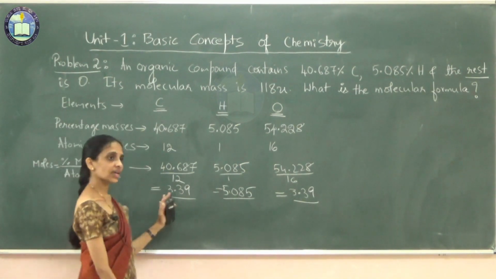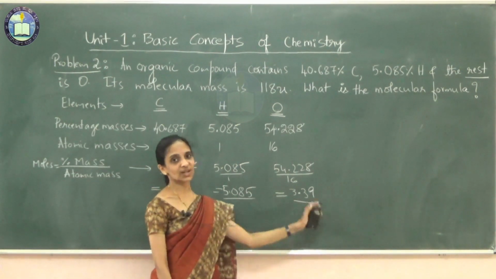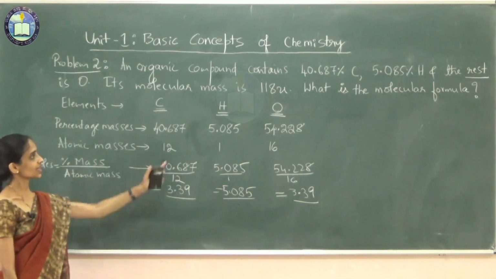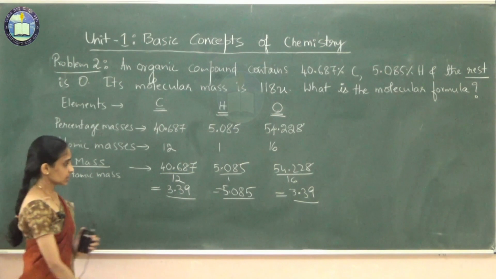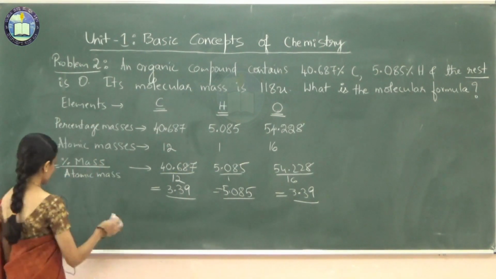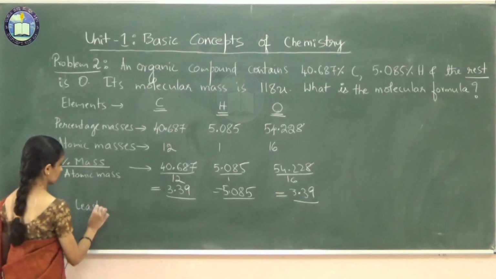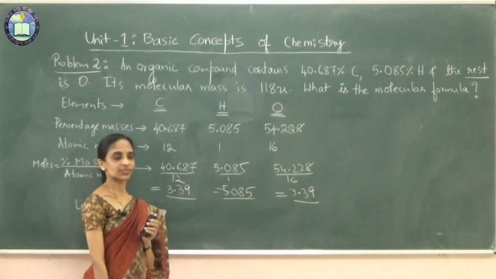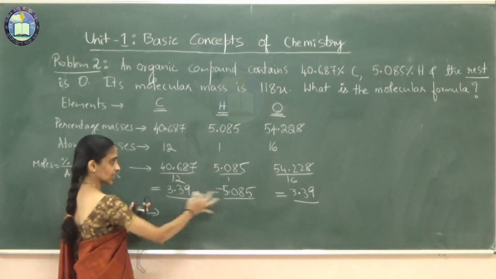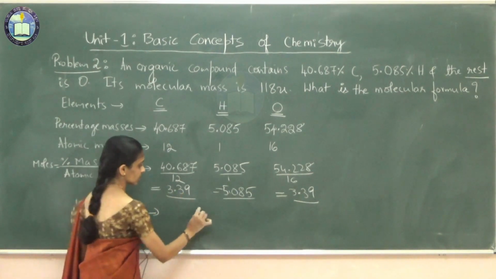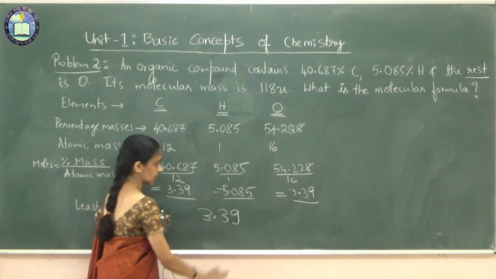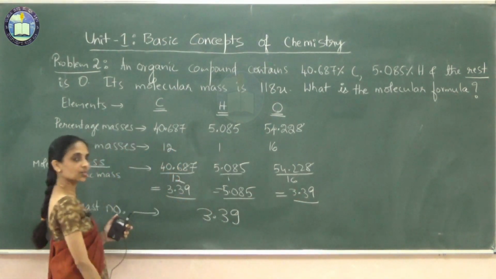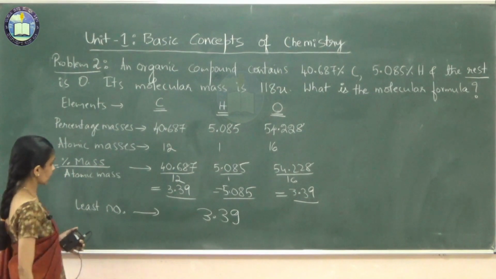Okay, so now we have the three new numbers with us, which are nothing but the moles of the elements. What is the next step? The next step is finding out the least number among the three. And it is very clear that the least number is 3.39. This is the highest. These two are the least numbers. Okay.